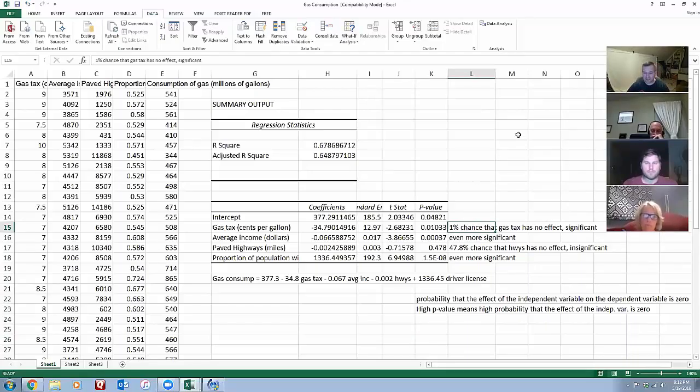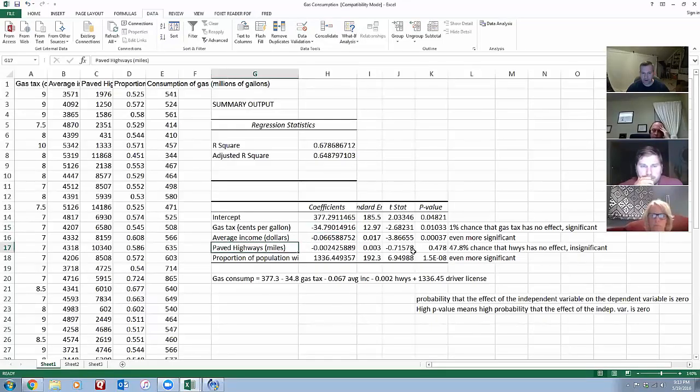I know that might just sound like a nomenclature sort of thing, but in statistical terms, when I say that this gas tax variable is significant, that means that I have a strong probability that the effect of gas tax on gas consumption is what is measured here in this coefficient. So I should have a 99% confidence that the effect of gas tax on gas consumption is this negative 34.8.